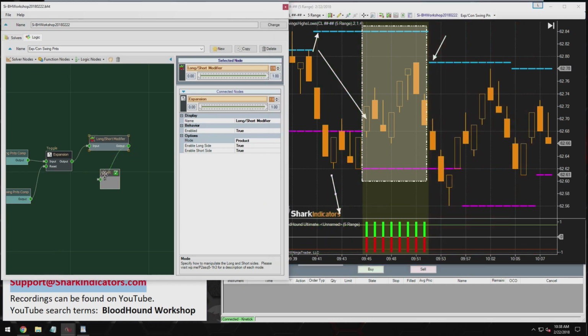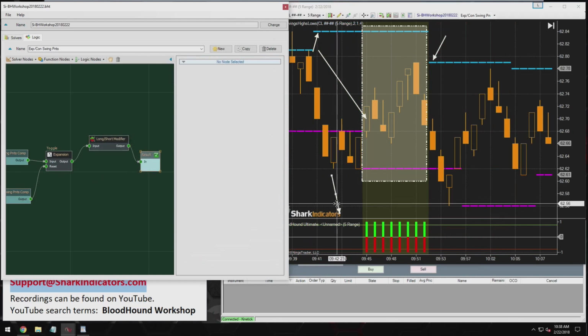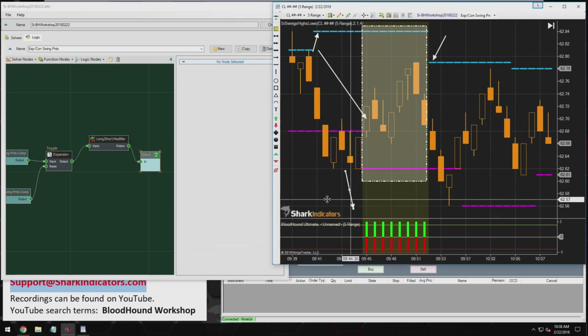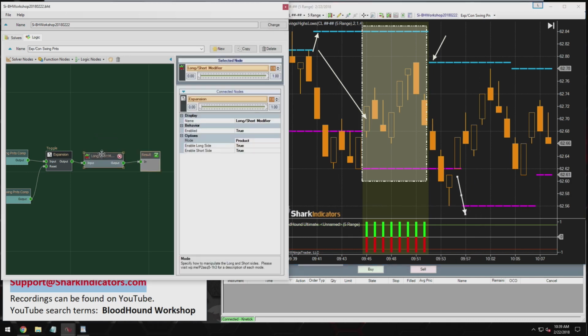So when you take 1 times 0, you're left with 0. But where we had the long and short output together, that's basically 1 times 1, and we're left with 1. The short output is stripped away too, because that would be 0 for the long side and 1 for the short side, so 0 times 1 leaves you with 0 again. So that's how that works.